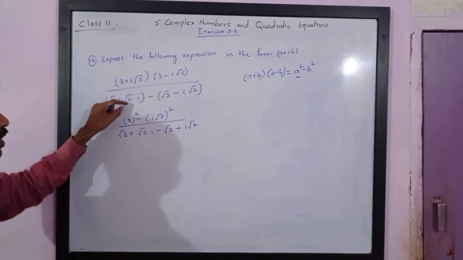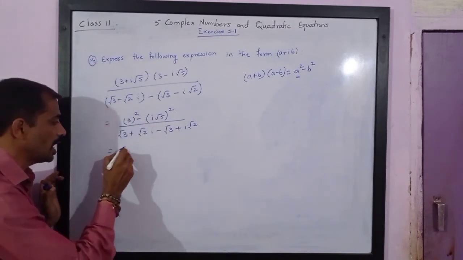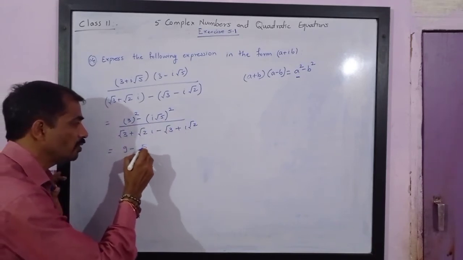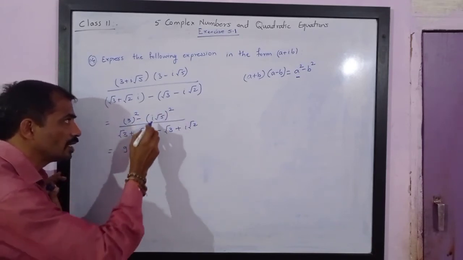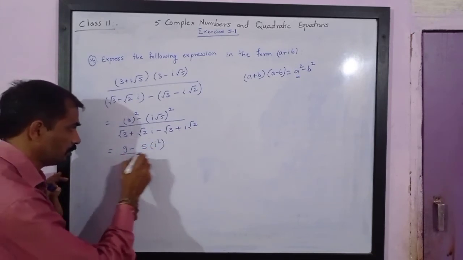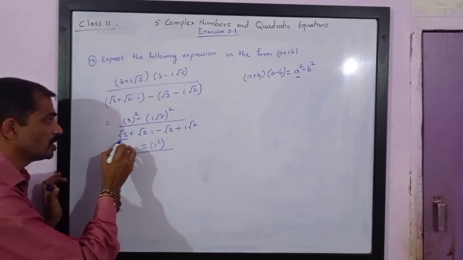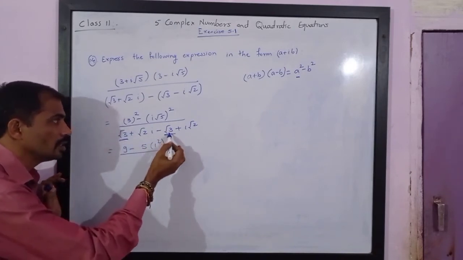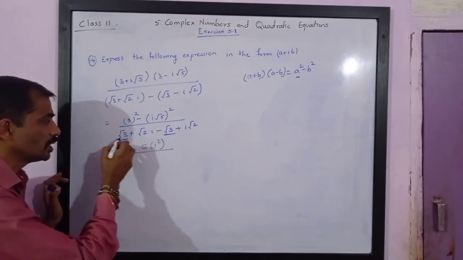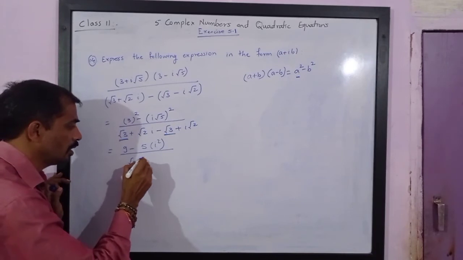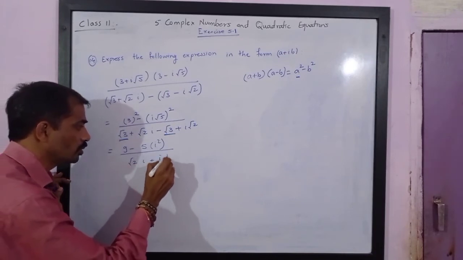Now if you solve this further, you will get 3 square is 9 minus root 5 square is 5 and I square is I square upon, please note this is real part, root 3 minus root 3 will cancel each other. You will have root 2I plus I root 2.